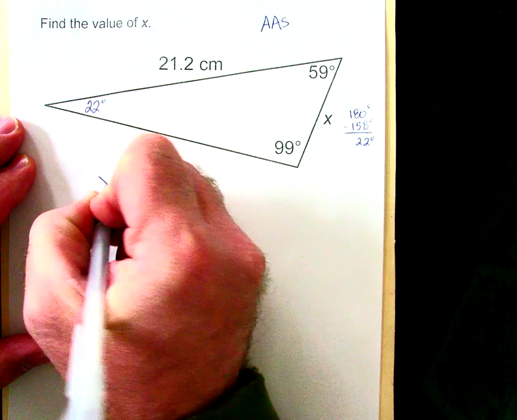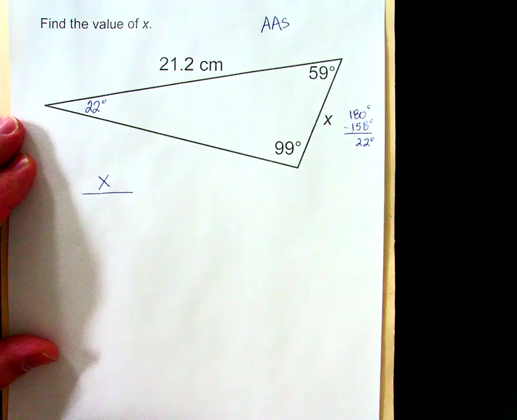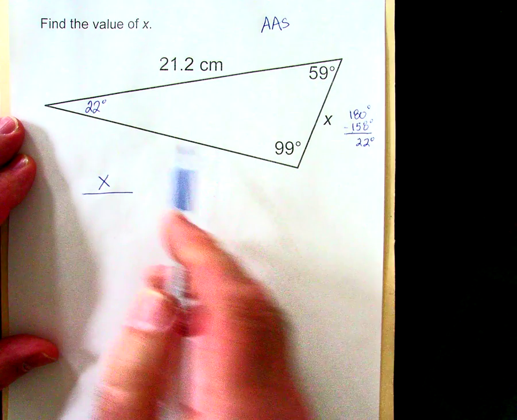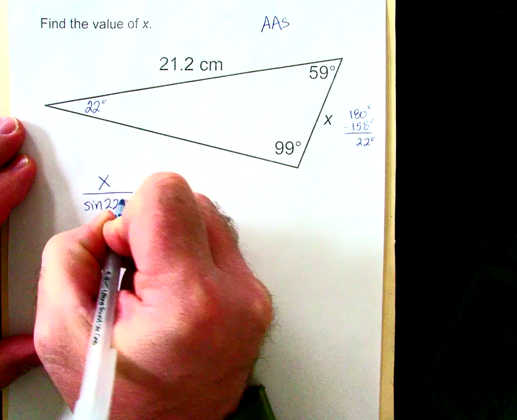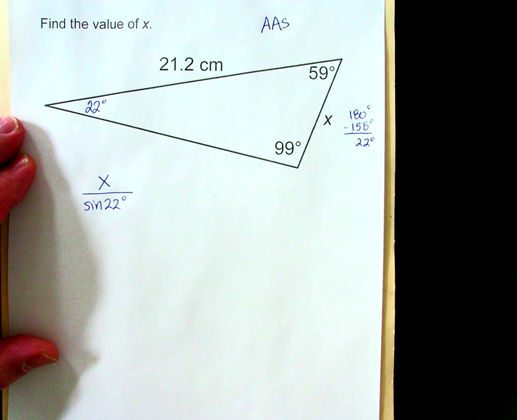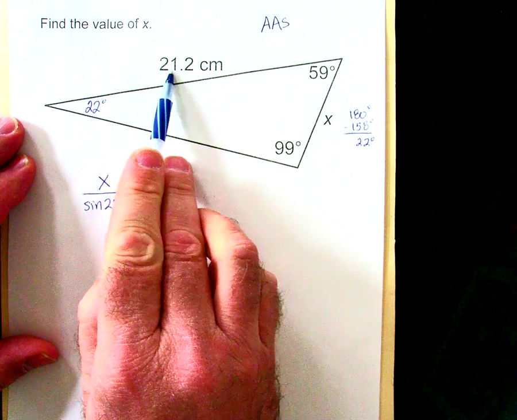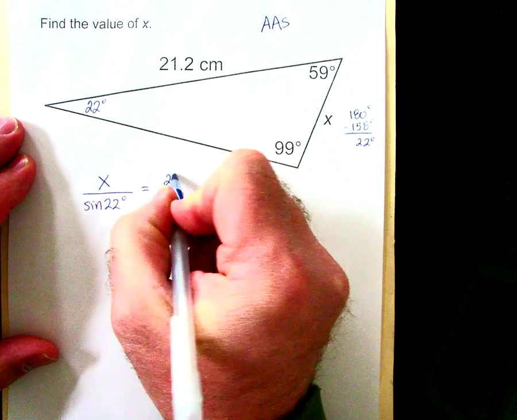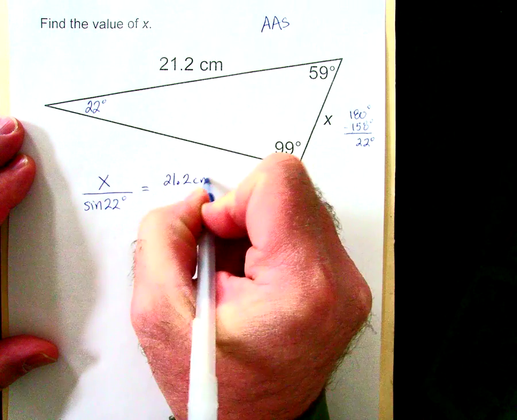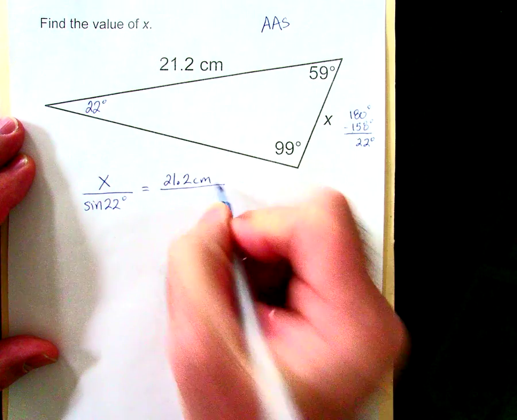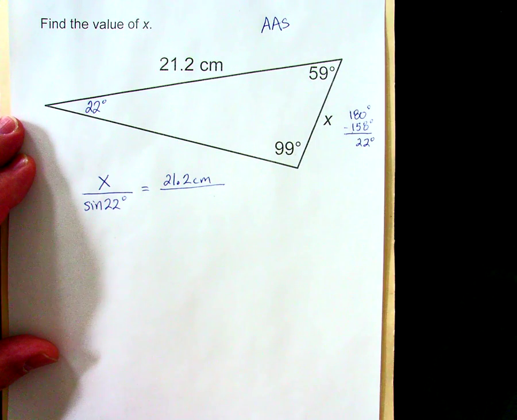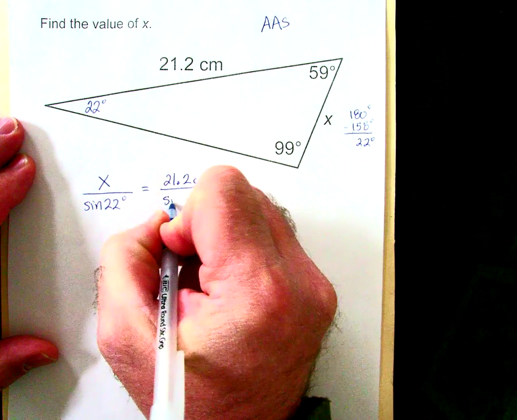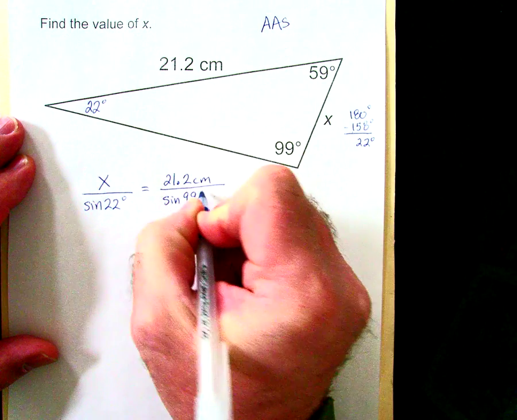So x divided by the sine of its opposite angle, the sine of 22 degrees, is the same ratio as this side length, 21.2 centimeters, divided by the sine of the angle opposite that length. So we'd have the sine of 99 degrees.